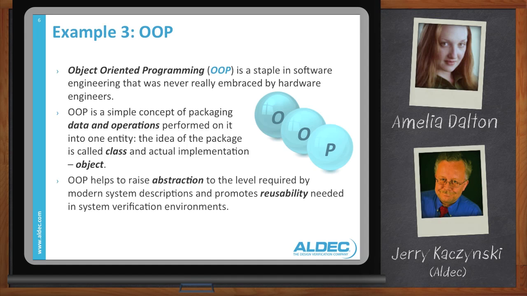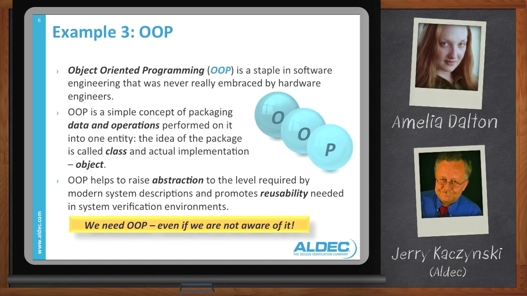And here we've got the idea of the package. That idea is called class, and the actual implementation of that idea is called object. OOP helps to raise abstraction to the level required by modern system descriptions, and it also promotes reusability needed in system verification environments. So the conclusion here is we need object-oriented programming, even if we are not aware of it.